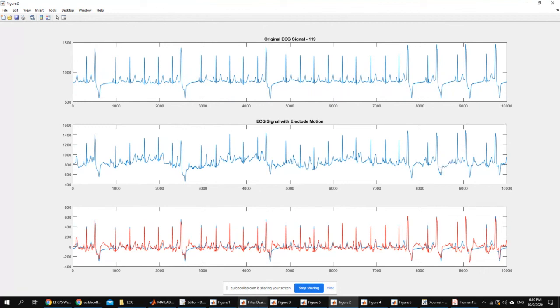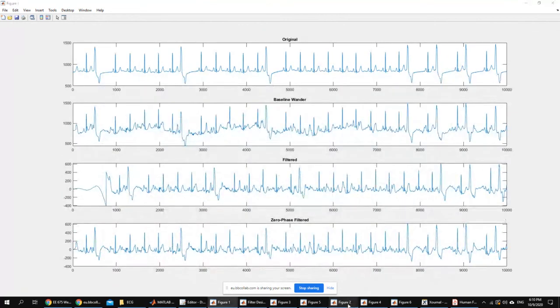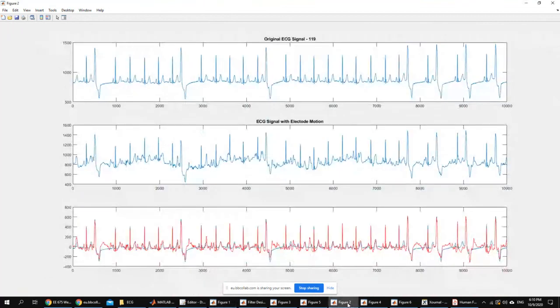So what we were looking at in figure 2 here is actually overwritten here. But if you compare this one to that one, you will see that we came close to the original signal. We still have the high frequency noise, but the baseline wander component of the electrode motion artifact has been removed.